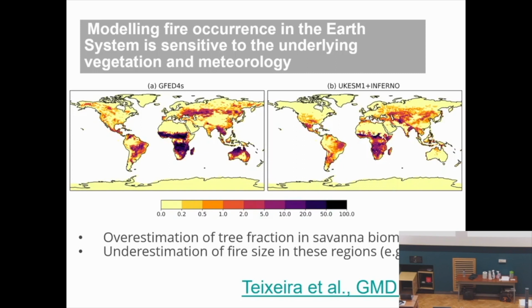Again, it indicates that when you include more complexity within your Earth system or include a new component, you are very susceptible to the underlying physics and dynamics. In this particular case, we're very sensitive to the vegetation that the dynamic vegetation scheme itself is modelling. When we replace the modelled vegetation distribution with that from observations, we end up improving this negative bias.